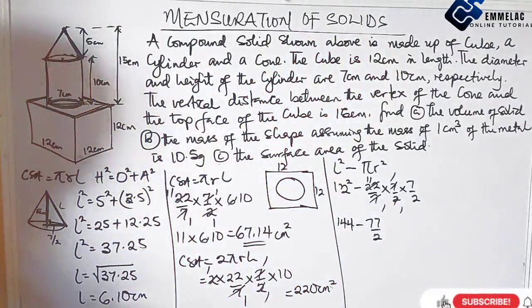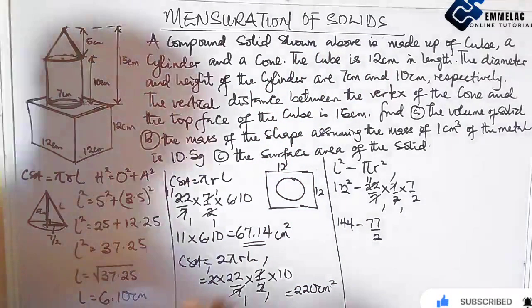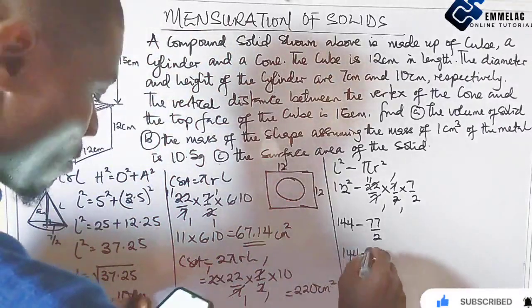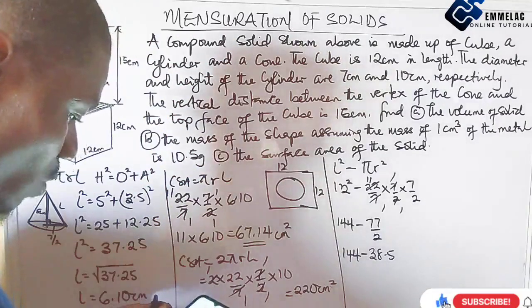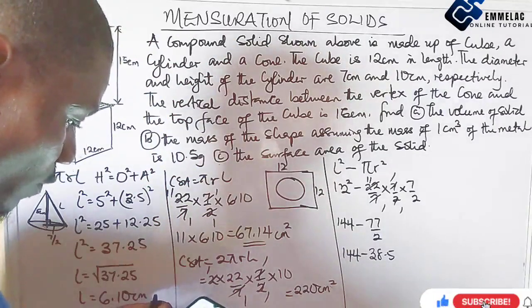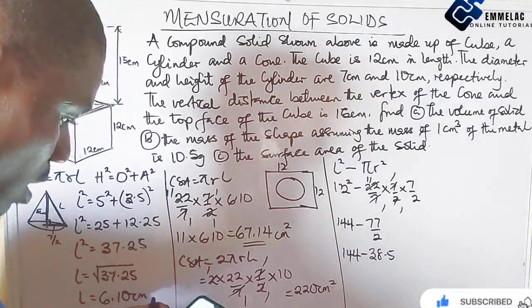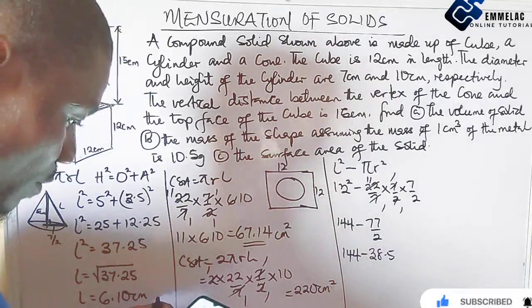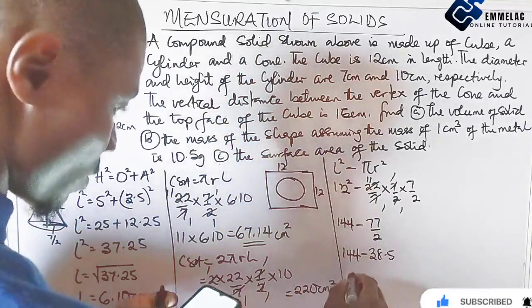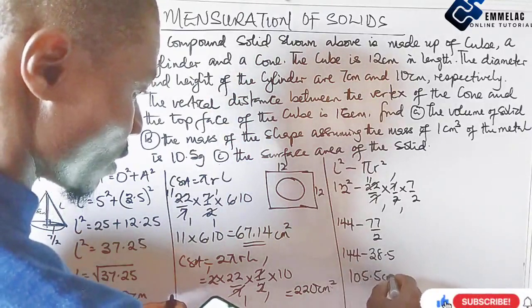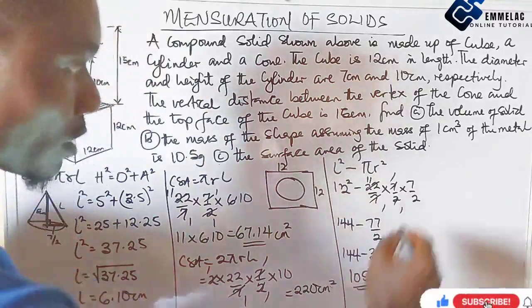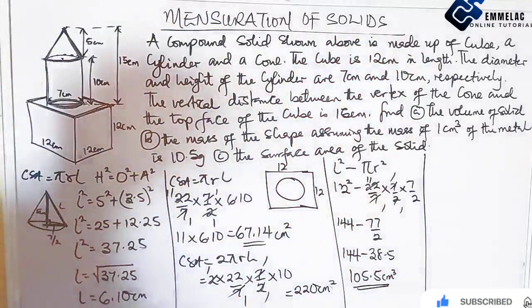Let me launch our calculator. 77 divided by 2 will give us 38.5. Now 144 minus 38.5, so here we are left with 105.5 centimeter square. All right, this is just for this part.